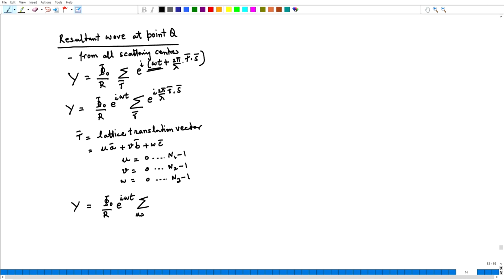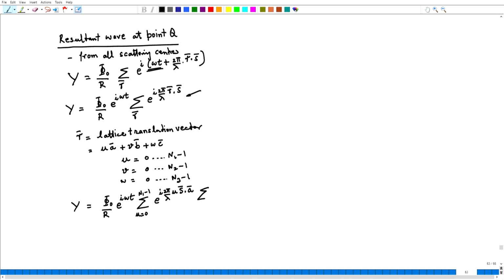So, u equals 0 to n1 minus 1, substituting for r into this, one will get e to power i 2 pi upon lambda u s dot a.